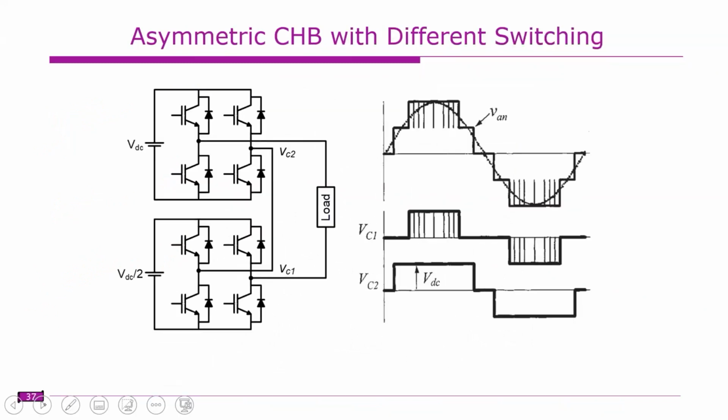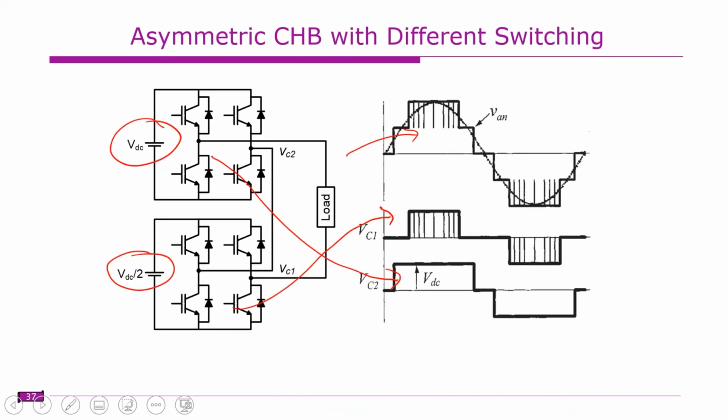Here this is VDC and this is a fraction of the VDC. So this is VDC1, which is operating at PWM frequency, whereas this one is operating at fundamental frequency. So this is the combined output.